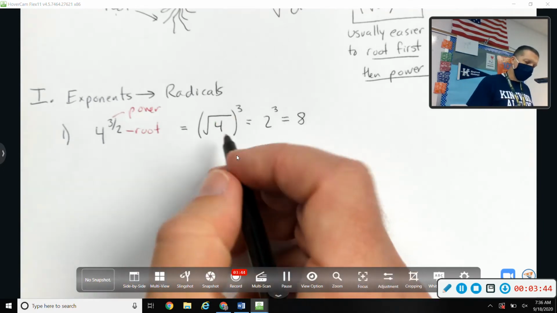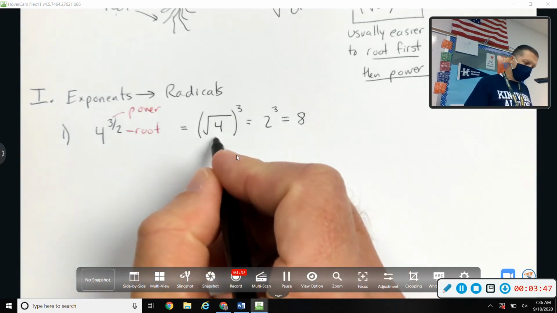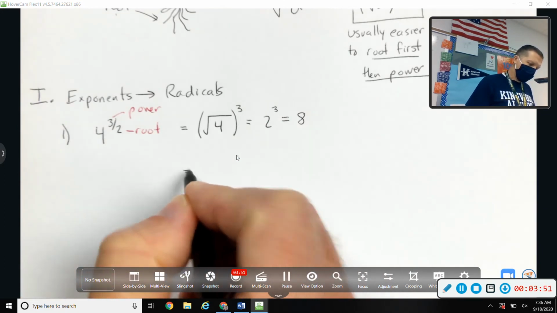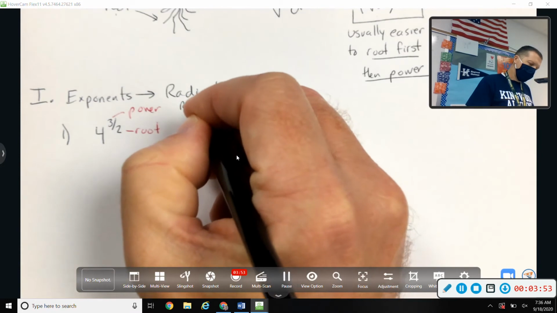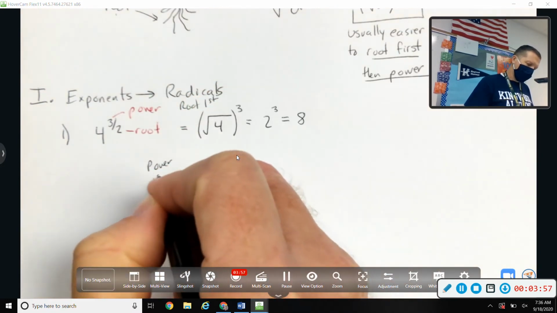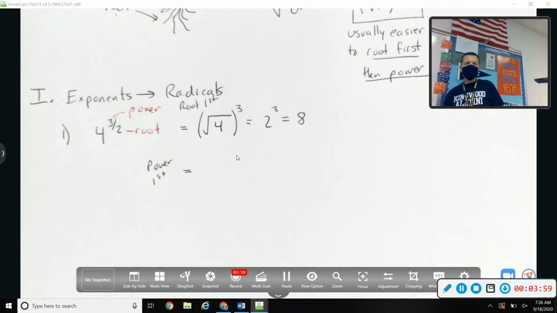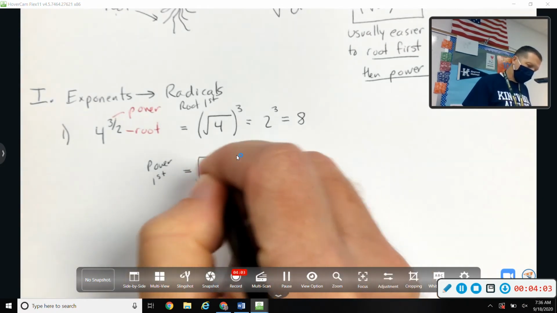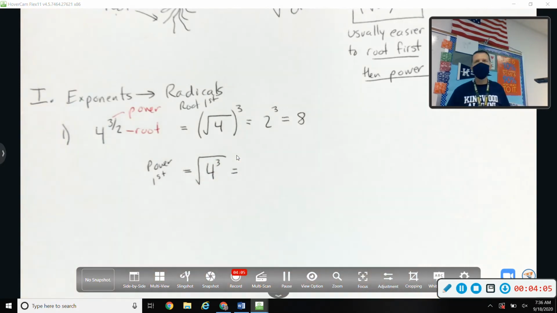So that was the root first method. Now the power first method. So that's our preferred method, but if you really wanted to do the power first, you can. So that would be 4 cubed, and then take the square root of that. 4 cubed isn't nice, but it's not terrible. 4 times 4 is 16, times 4 is 64.